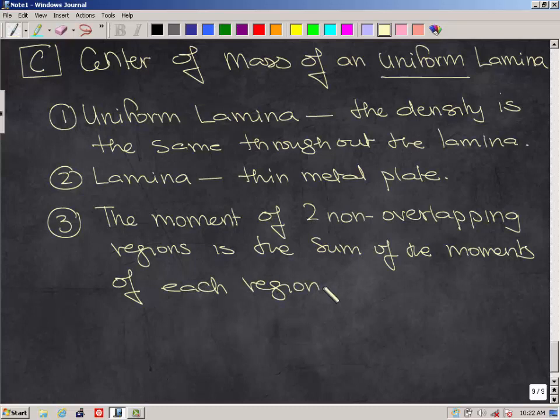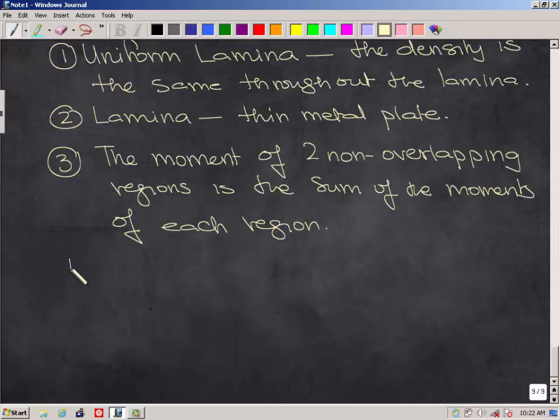Remember, moment is basically the tendency of the mass to rotate about a certain axis or the origin. So if you have two regions that are non-overlapping, then the total moment will be just the sum of their moments.